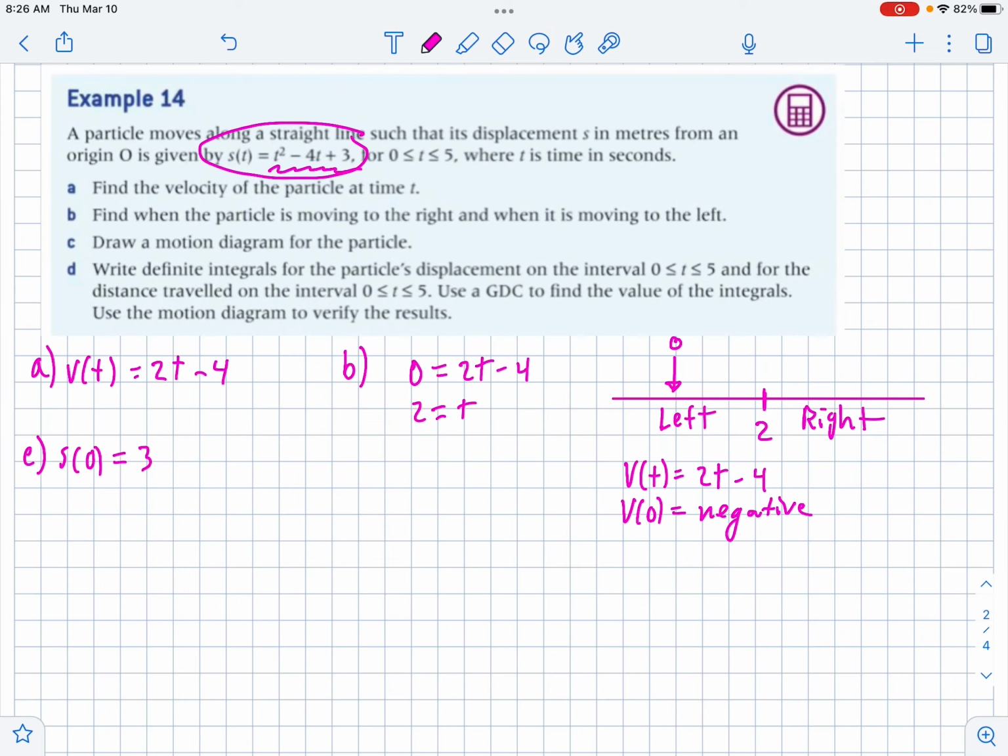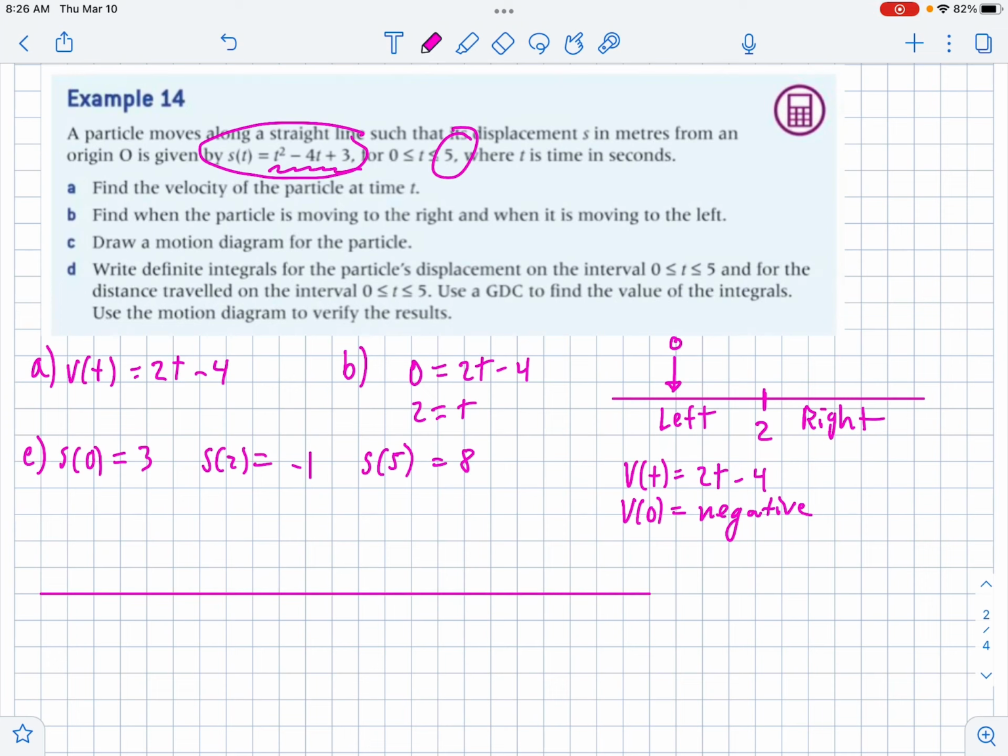Plug in 0 into s, and you get 3. Plug in 2 into s, and you get -1. Then the final part of the time interval is 5, so I want to figure out where it is at the very end. So s of 5 is equal to 8. So it starts at 3, then it goes left to -1, and then it goes right to +8.